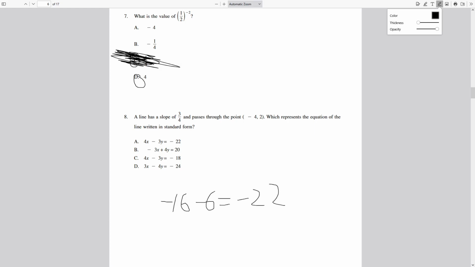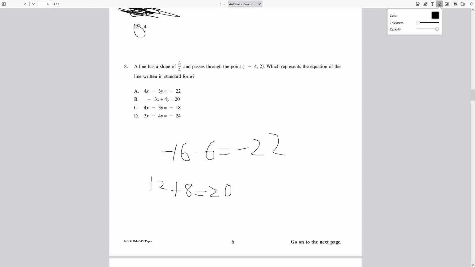That's true already. Wait, no, it's not. Wait, yes, it is. Okay. So -3 times -4 is positive 12, plus 8 equals 20. Oh no, wait, that's true. Then -16 minus 6 equals -18.